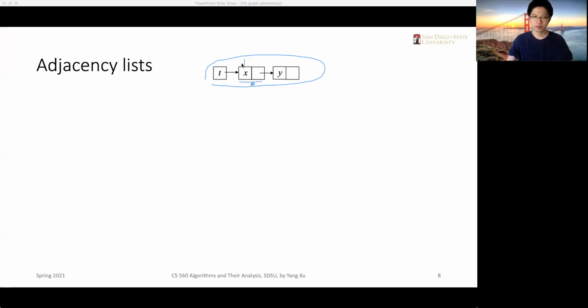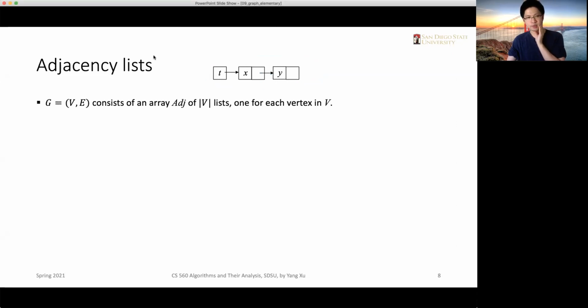The first cell is some value of it, and then the next cell is a pointer that points to the next one, right? So it links to the next element in the list. This is a typical visualization of the linked list data structure.